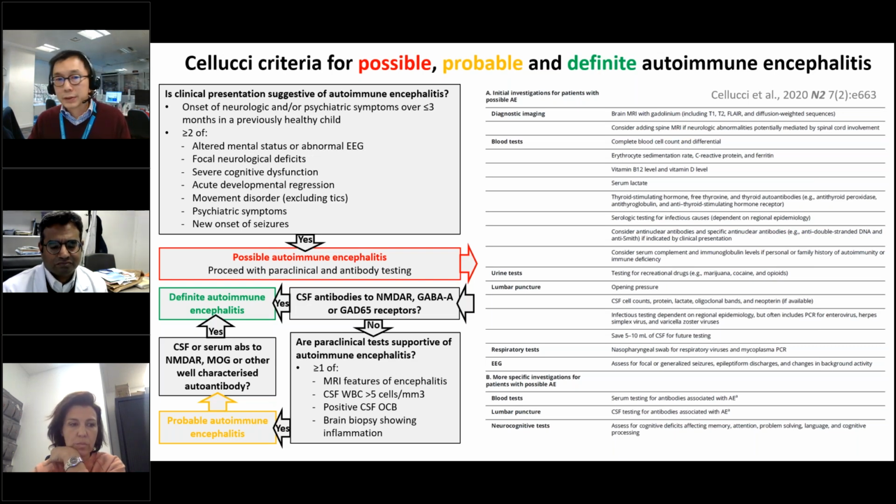And the reason why this is important is because it's a systematic way. I'm not saying it's perfect, but it's a systematic way to collect patients of the same type.